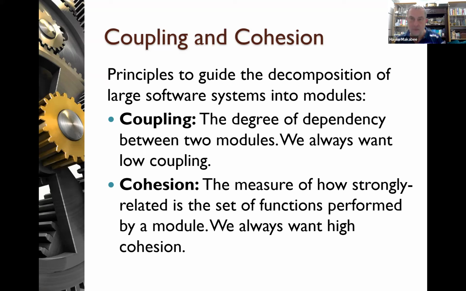And the coupling is a measure of the connection between modules. If I have two modules, I can have the coupling between them. So I always want to have low coupling and high cohesion. I want the coupling to be low, and I want the cohesion to be high. Any question about that? No, this is a very important principle.